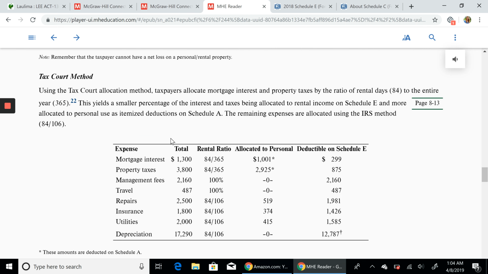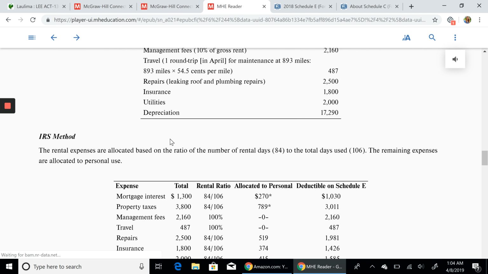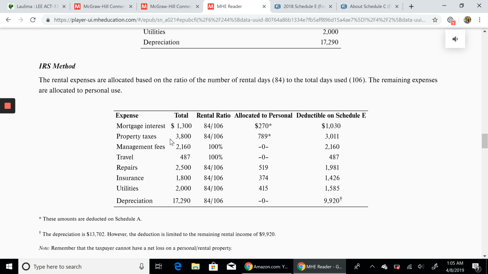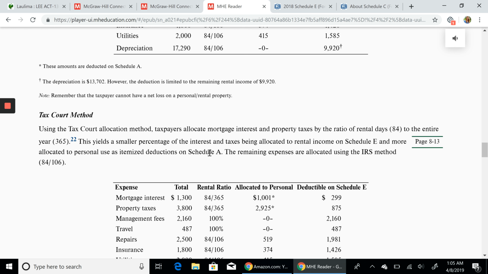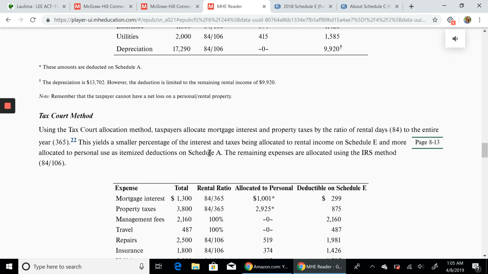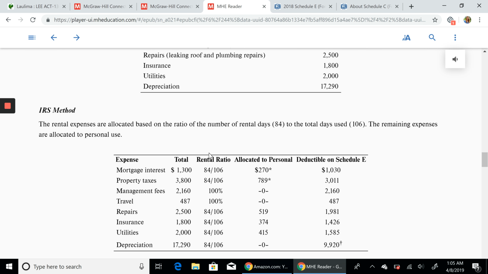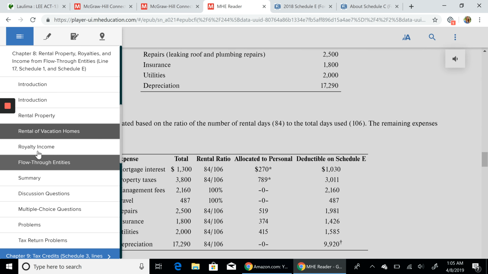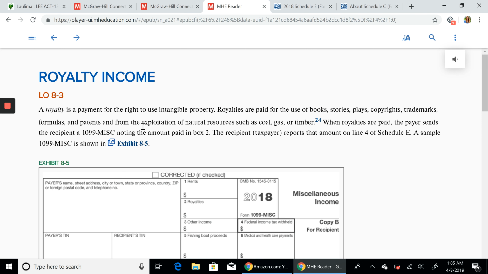Essentially, the tax court method means based on the rules that the tax court has determined, the amounts between these 2 methods can be very small. Certain software just uses the IRS method, which is the favored method, although the tax court has ruled against it.